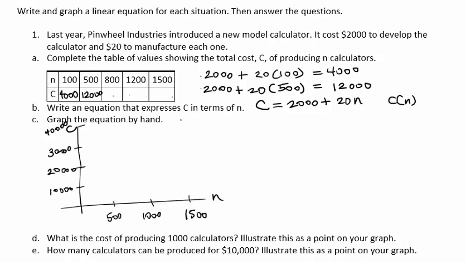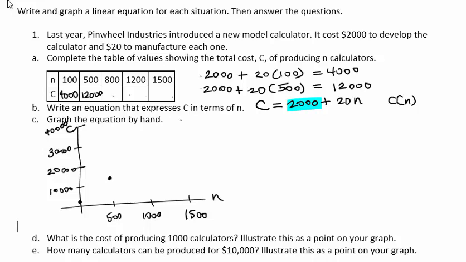The y-intercept from the equation is an easy point to graph, which is at 2,000. Then just pick another point in your table that's a little clearer to graph. So 500, 12,000, that would look like somewhere in this area.